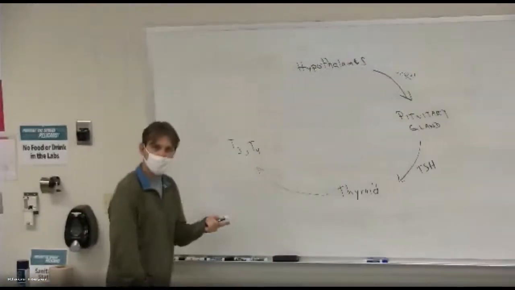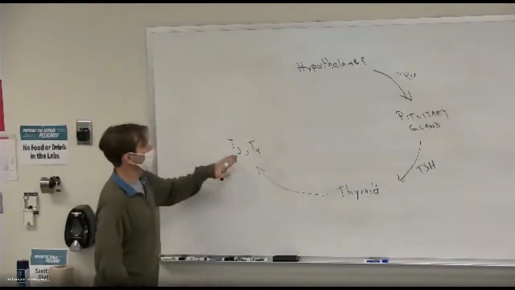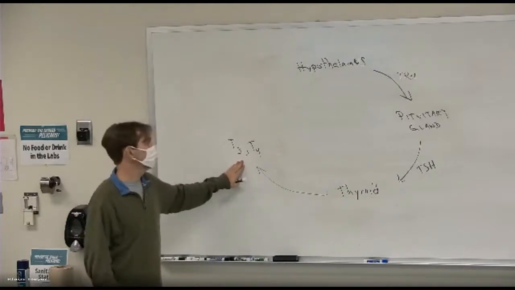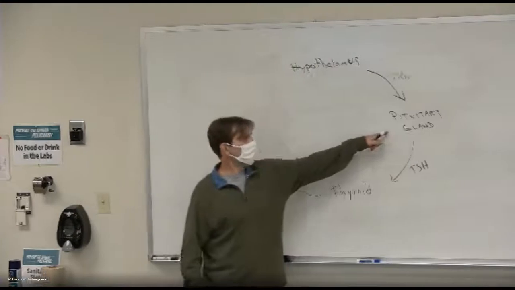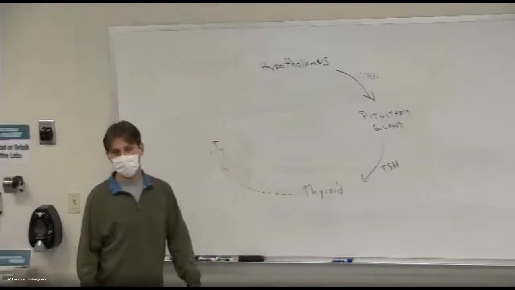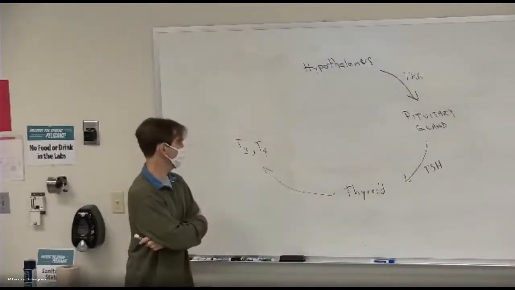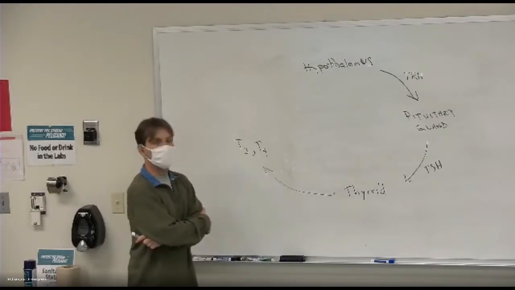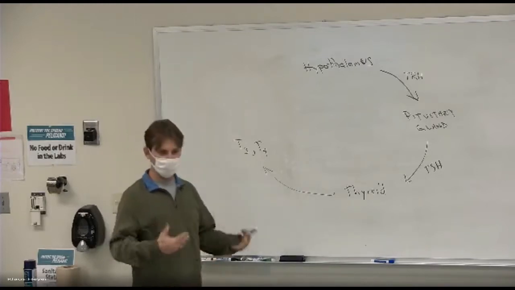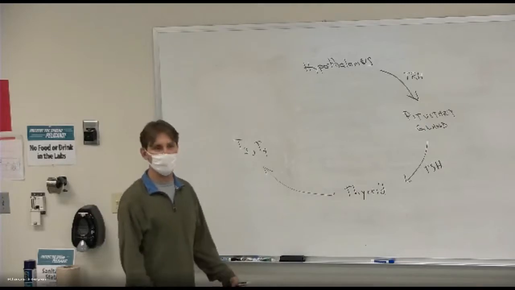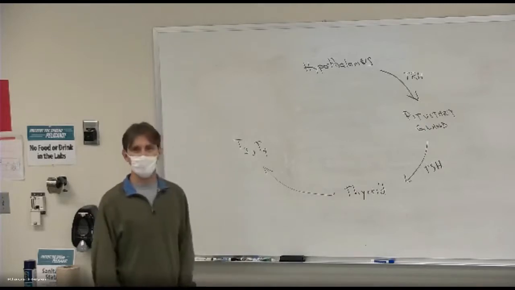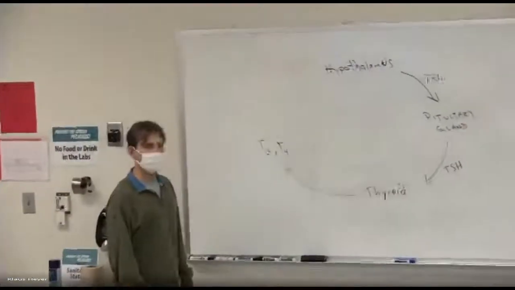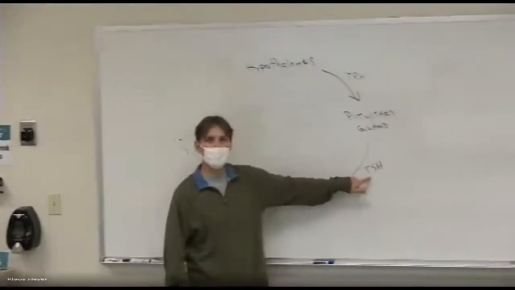And the opposite is true. If your thyroid's making too much of this, your pituitary gland is going to chill out. When everyone's working extra hard on the factory floor, what's middle management doing? Sitting on their computer, watching YouTube videos. So less TSH.